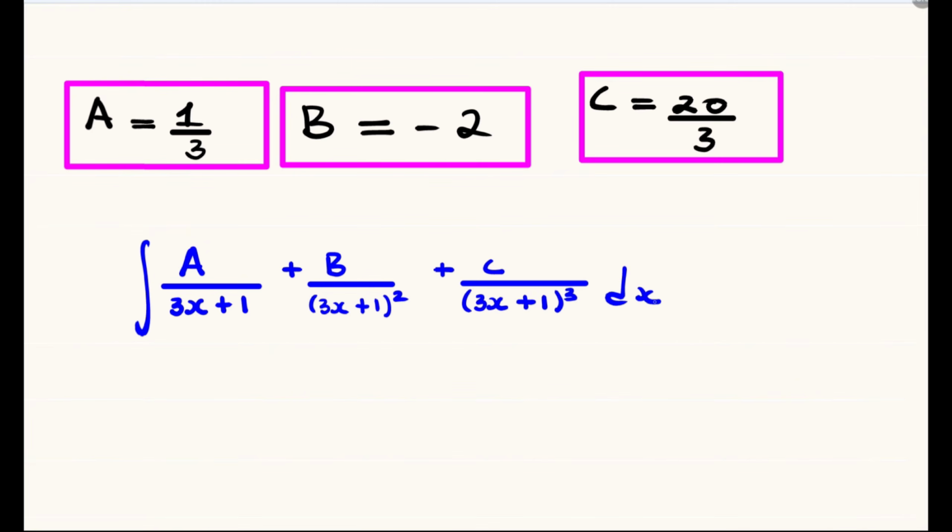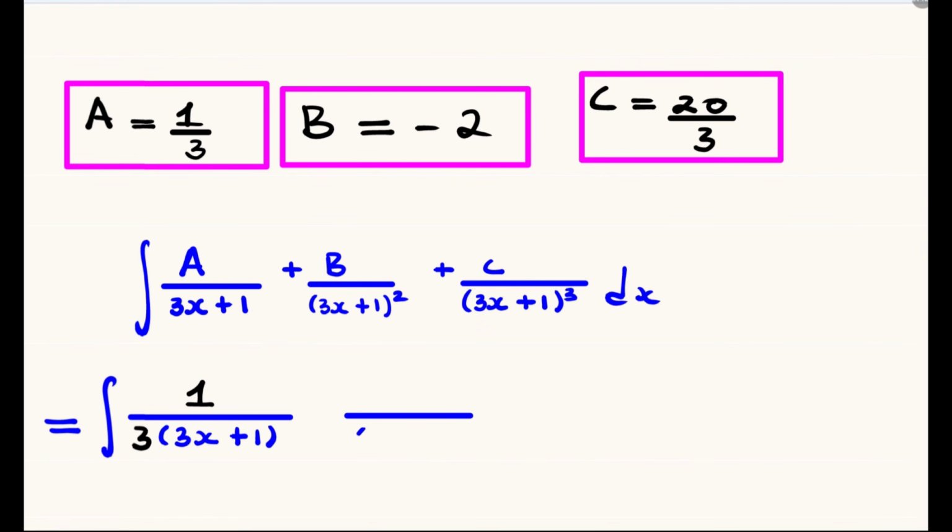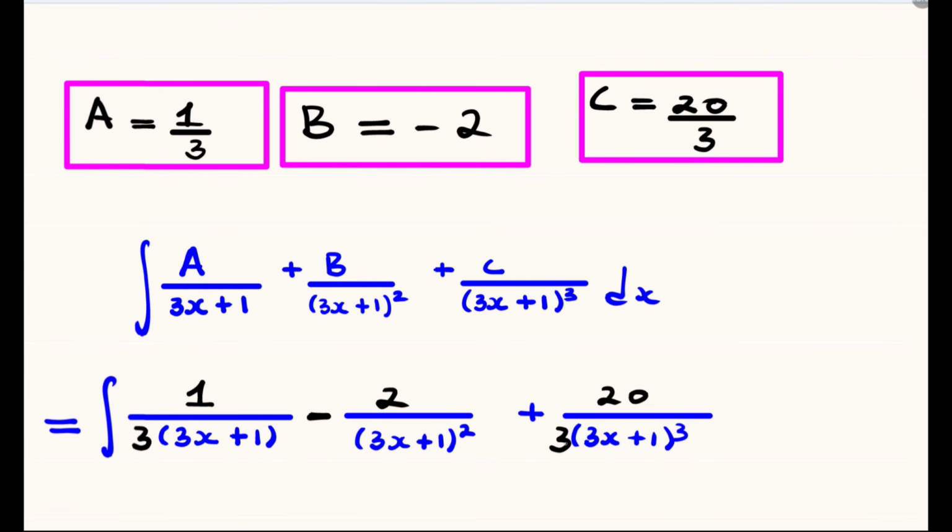So this will be equal to the integral of 1 divided by 3 times (3x plus 1) raised to the power 2, and since b is negative, we have negative 2 times (3x plus 1) raised to the power 3, and our c is equal to 20 divided by 3.